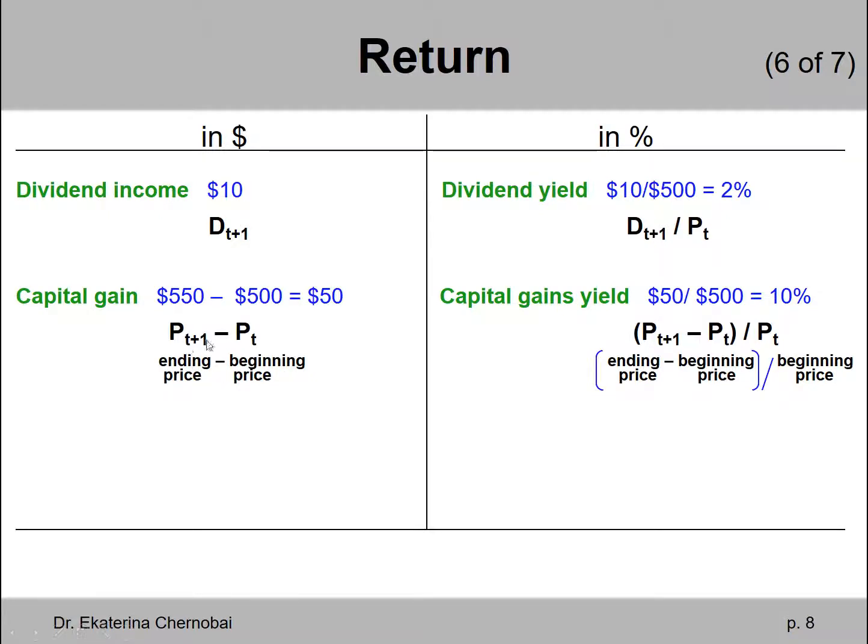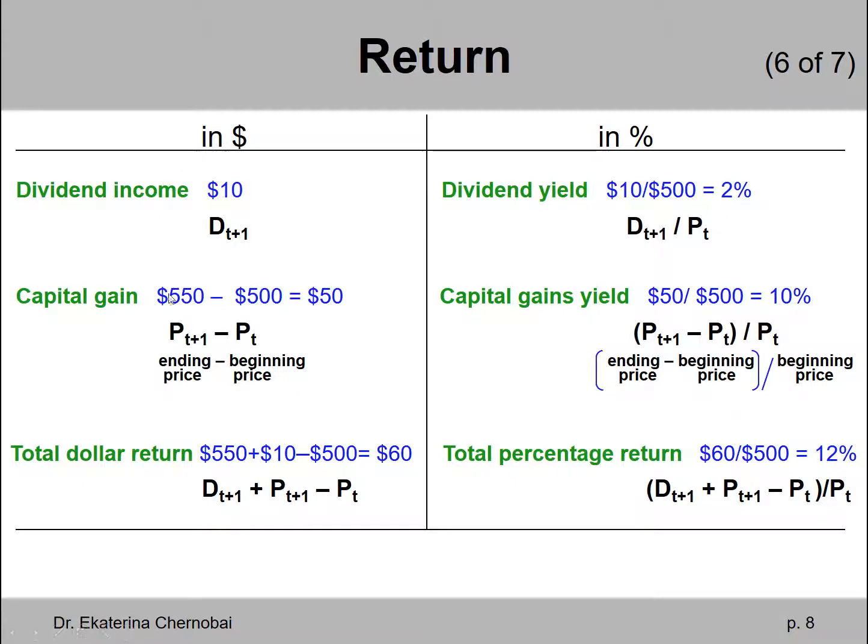P subscript T plus 1 minus P subscript T. In percent, you take those $50 and divide them by $500 and get a 10% return. This is known as the capital gains yield. So you take the ending price, subtract the beginning price, and then this difference is divided by the beginning price. Or, like I often explain to my students, new minus old divided by old.